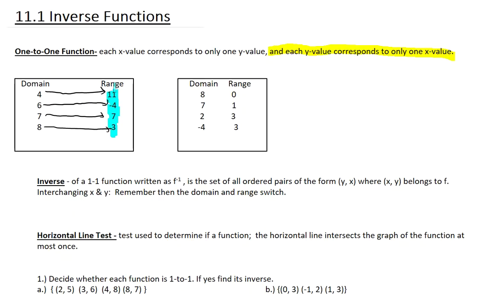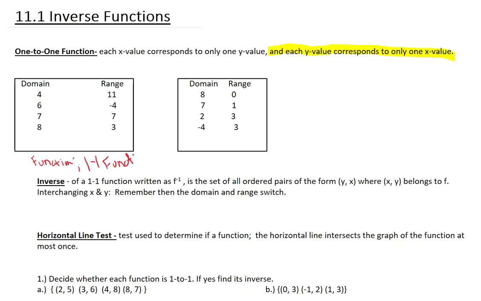Therefore, it is a one-to-one correspondence. And just to re-emphasize, it has to be a function before you can make it a one-to-one. So if there are duplicates in the x, then automatically it cannot be one-to-one as well. So in this case, it is a function, and it is a one-to-one function at that.